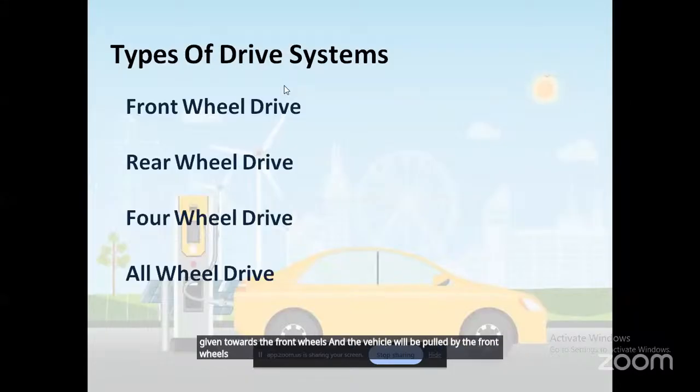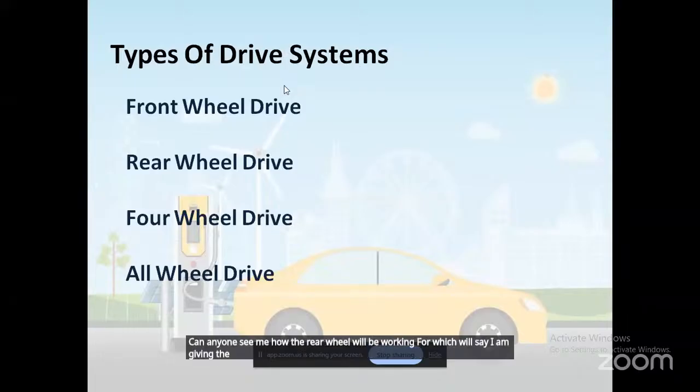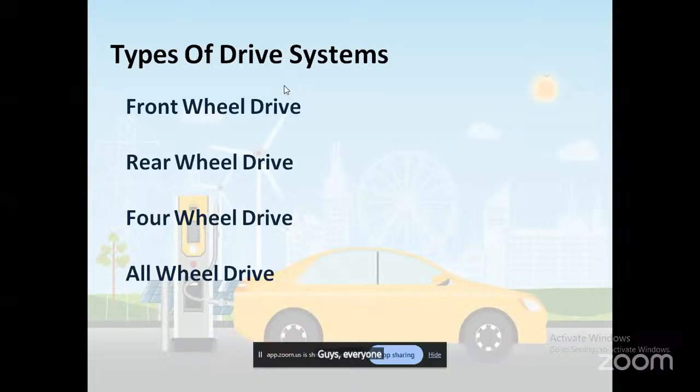Now, coming to the rear wheel drive, can anyone tell me how it works? For which wheels am I giving the power here? Everyone needs to respond to the questions I am asking. Yes, very good: rear wheels.